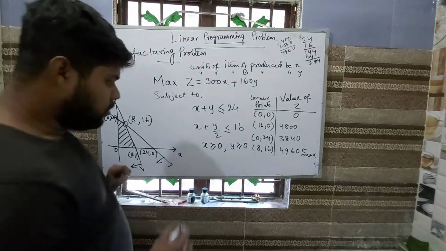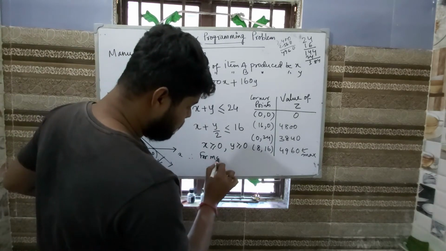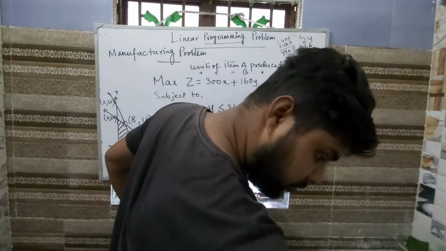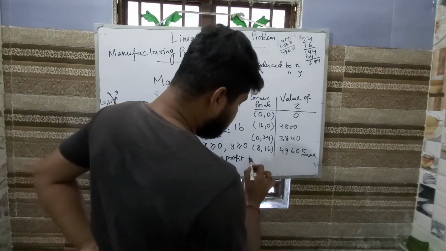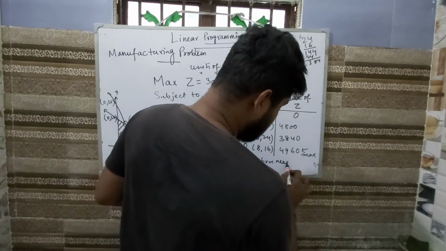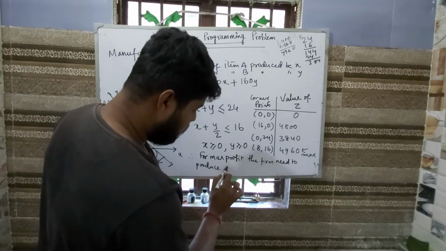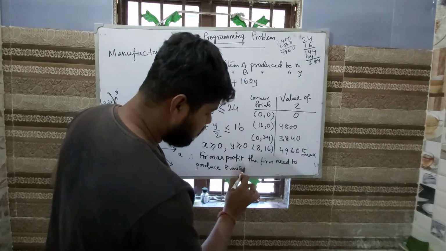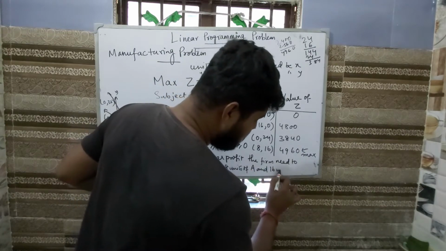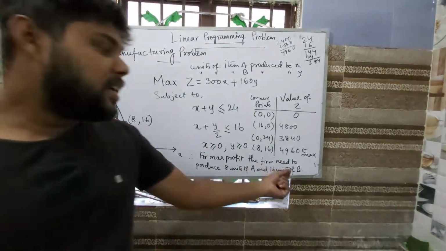So therefore your answer will be, for max profit, the firm needs to produce 8 units of A and 16 units of B. And also you can write what is the max profit.